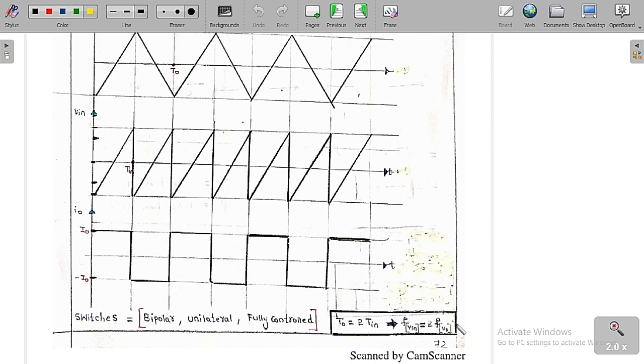If you take the reciprocal, the frequency of the output voltage or output current is half of the frequency of the input voltage or input current. That is the meaning of this.